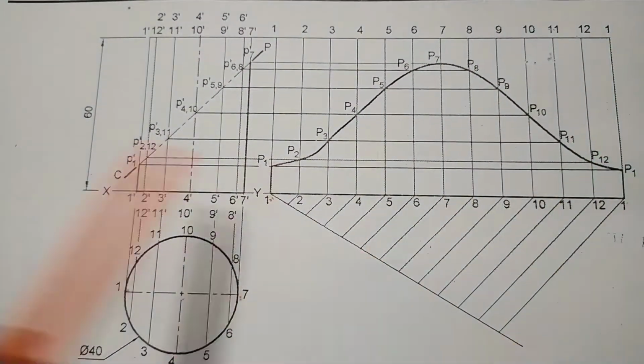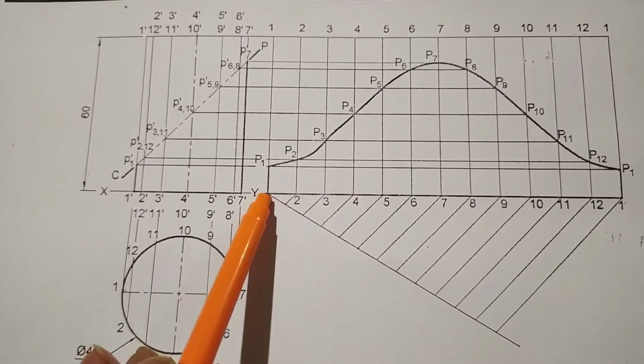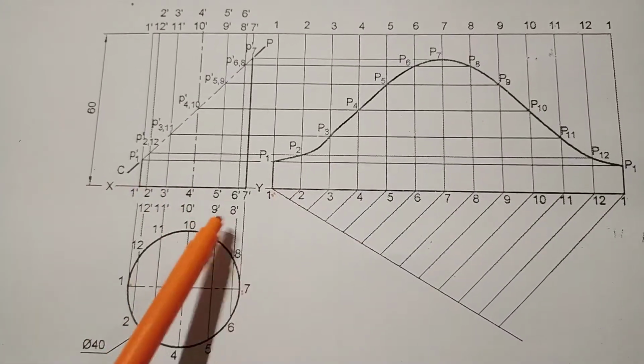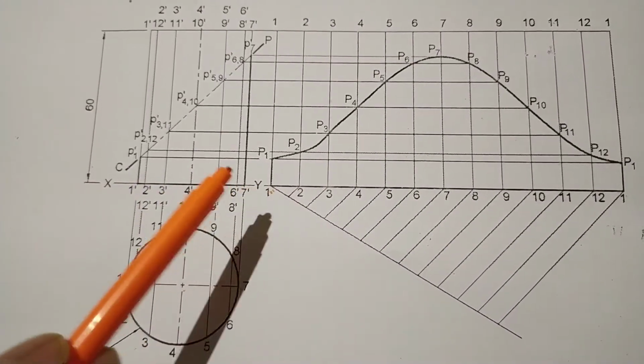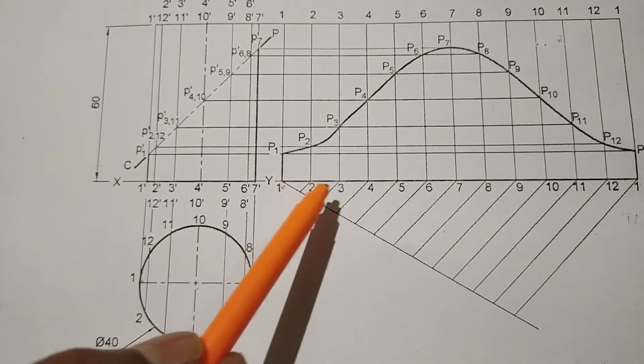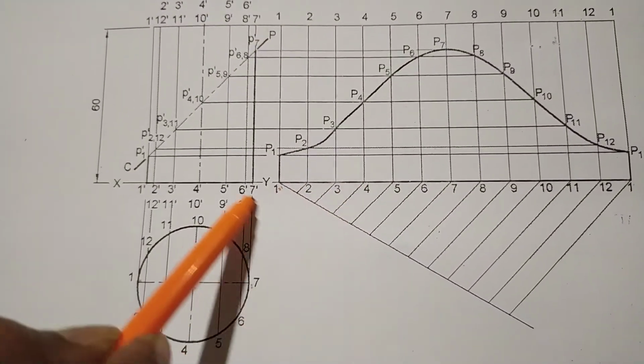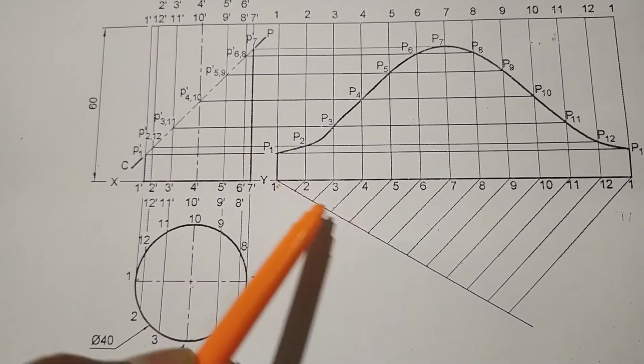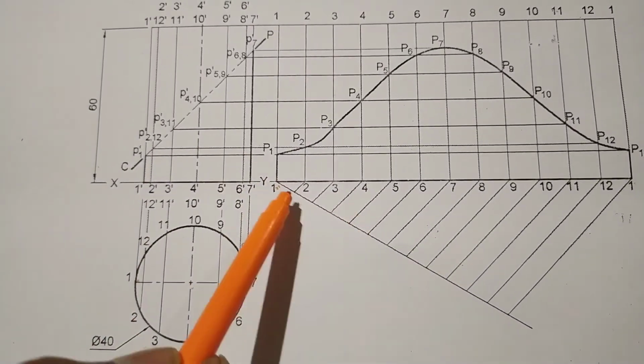After drawing the rectangle, divide that length pi d into 12 equal parts. Now how to divide it into 12 equal parts? At point 1, keep the protractor. Take 30 degrees and draw one line.